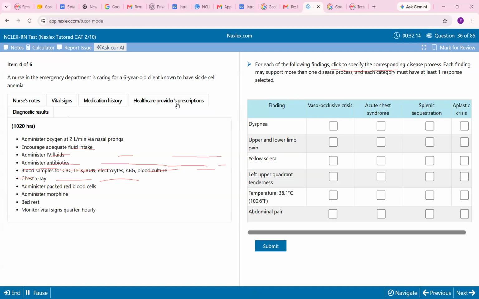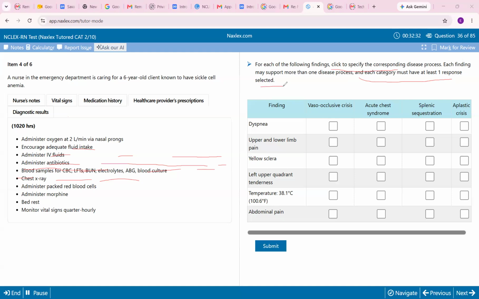For each of the following findings, click to specify the corresponding disease process. Each finding may support more than one disease process, and each category must have at least one response selected.